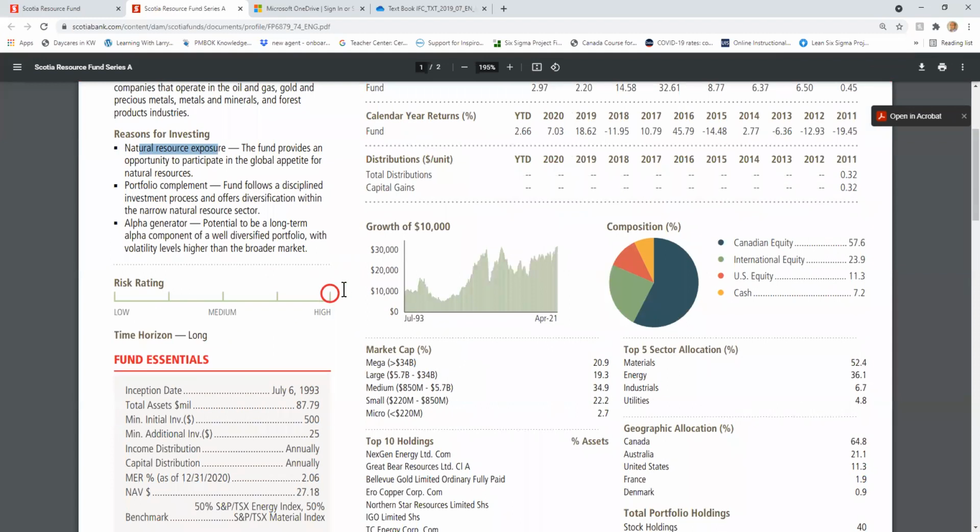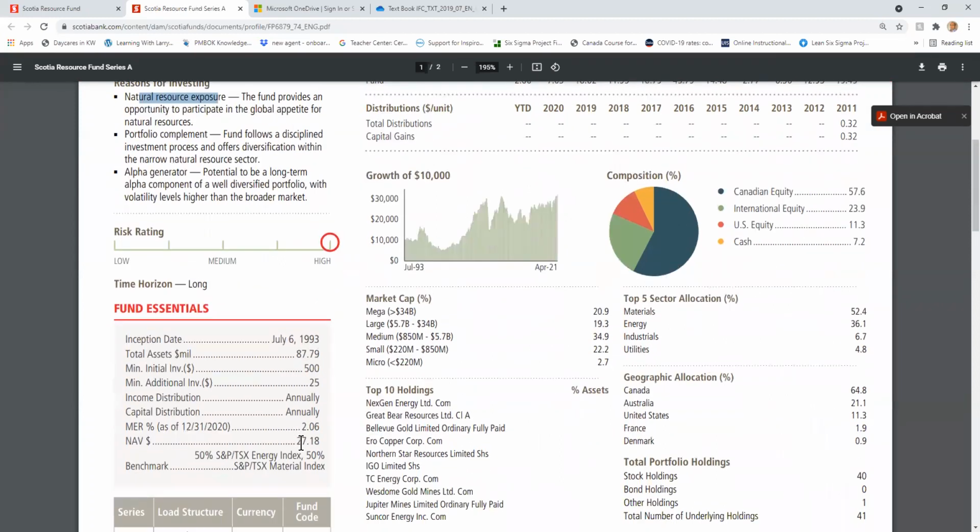As you can see in the circle here, very high risk, okay? It's going to be very risky. And its MER is 2.06%. It's invested in NextGen, Great Bear Resources, a gold company, copper, energy. Suncor is Petro-Canada.